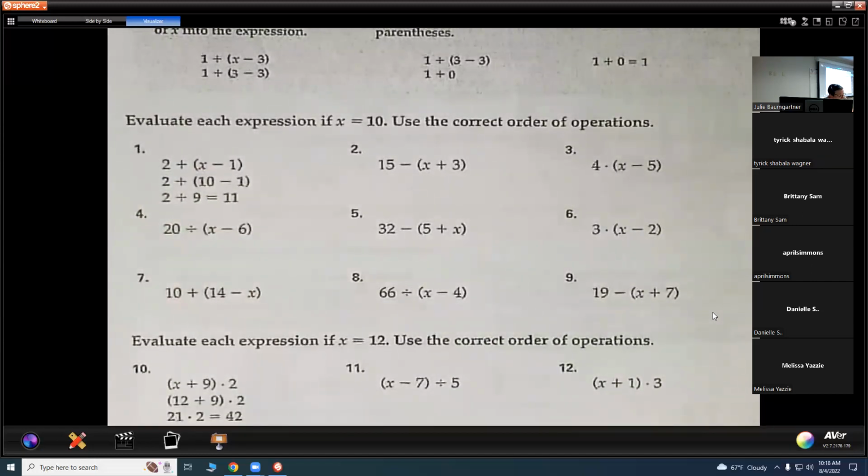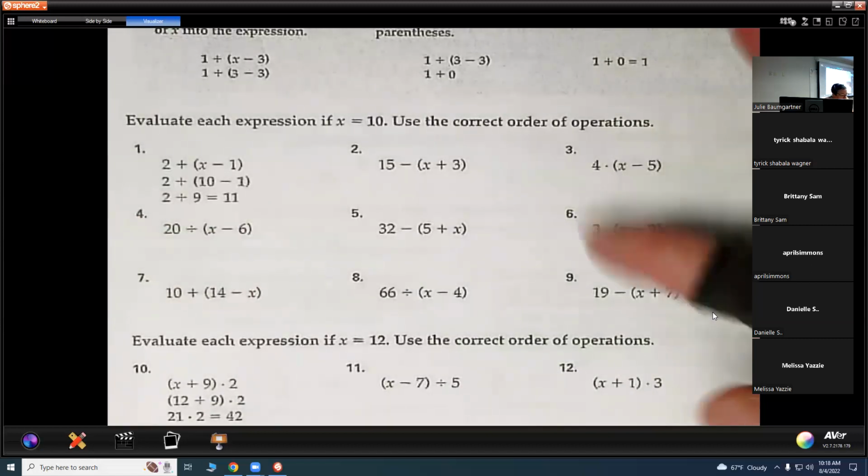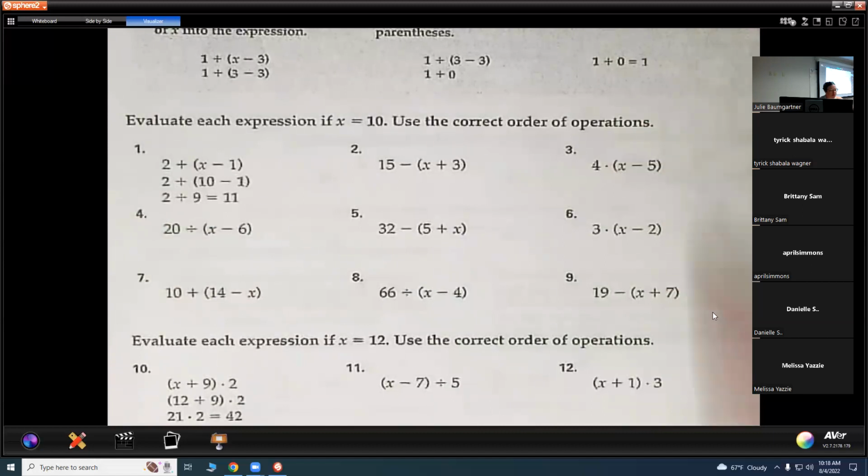So go ahead and work on the remaining. You can do the 9 problems up top, and if you get done, move on to 10 through 18. But go ahead and practice that.